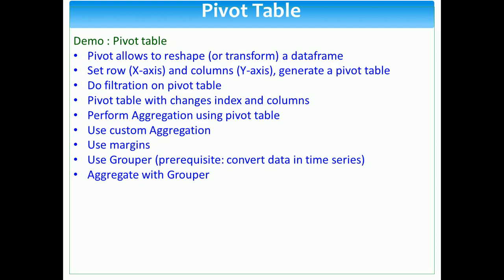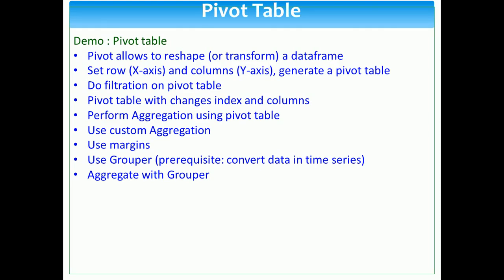Then we'll do the aggregation which I just told you about, and for that we are going to make use of NumPy's aggregate facility. Then we will write our own custom aggregation. Then we will also see how to make use of margins. And then we will make use of grouper along with the pivot table, because the grouper will allow me to create a group of the information which I want, and then I can give it to a pivot table.